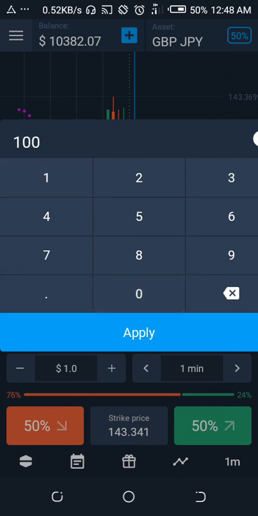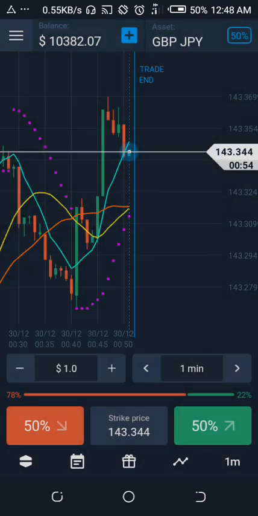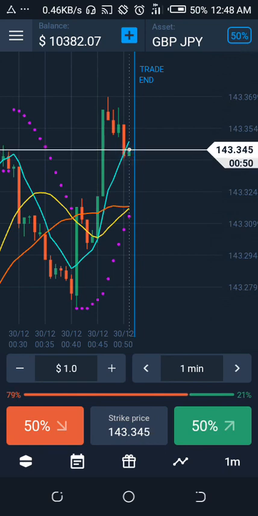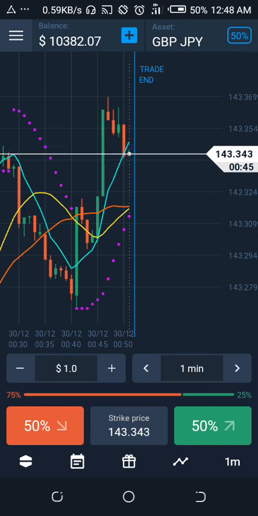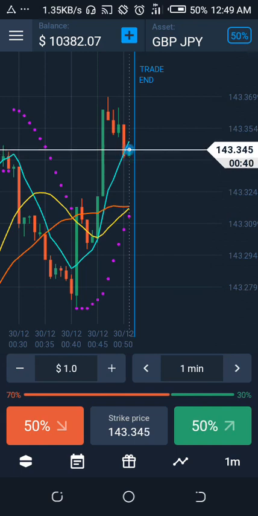Like maybe you mistakenly type 100 and you have like 200 in your balance. You have to check it very, very well. Make sure it's set to the minimum amount that you want to use, and that it's set very well.